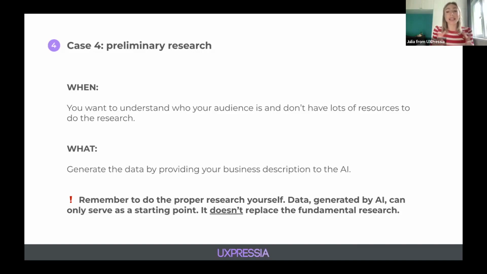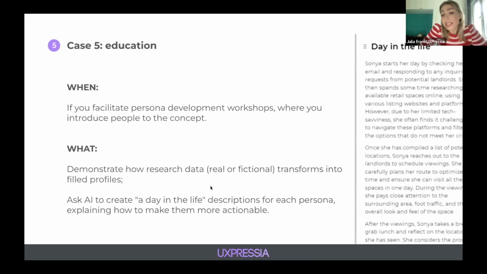But here I'd like again to note that it makes sense to use it as a starting point, but of course, it's better to do your own research, like a real research, as artificial intelligence will not replace the research made by real people for now, but this is also an option just to kickstart the whole mapping process.